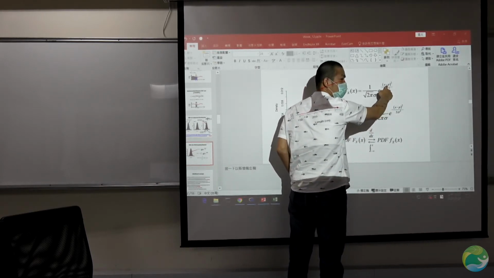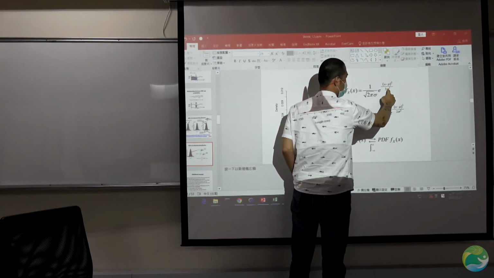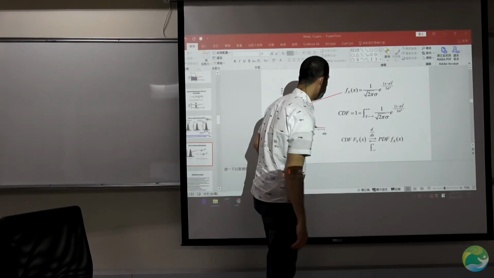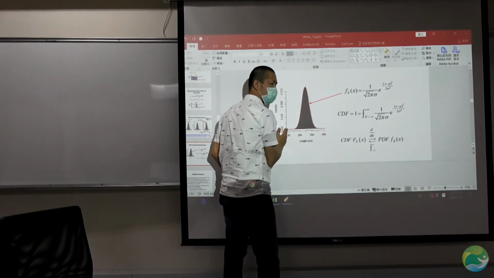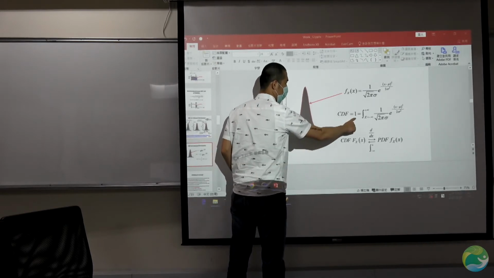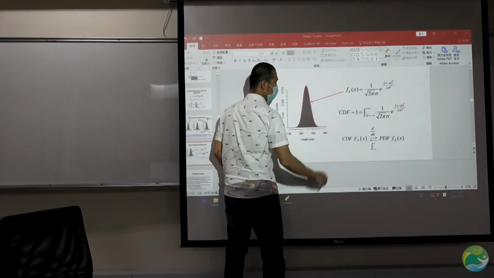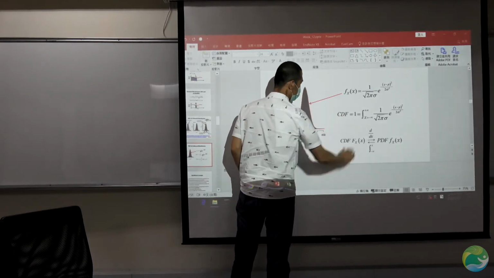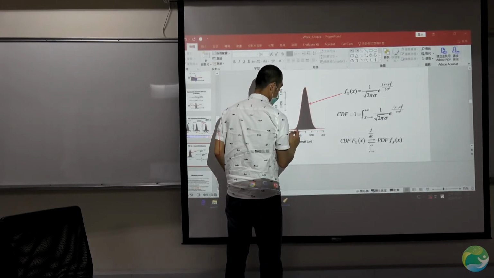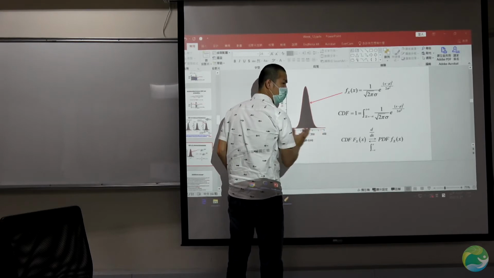Parameter mu is the average. Parameter sigma is the standard deviation. Okay? If you do the integration of this PDF curve, you get the result 1, okay? You can get the CDF. CDF is the integration up to each particular range.